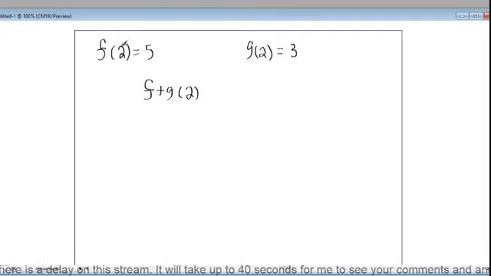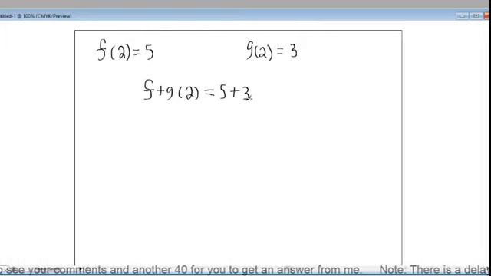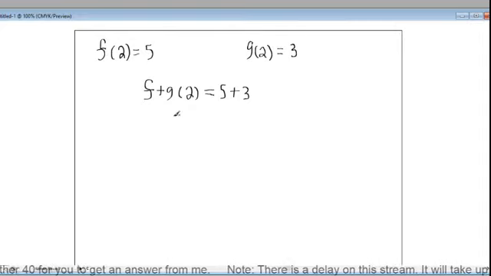So the output for f when we put in 2 is 5. And the output for g when we put in 2 is 3. And so that would mean that if we add these two together, 5 plus 3, of course, is 8. So f plus g of 2 is 8.